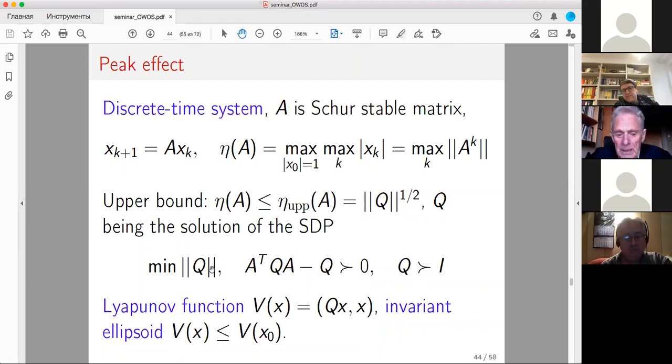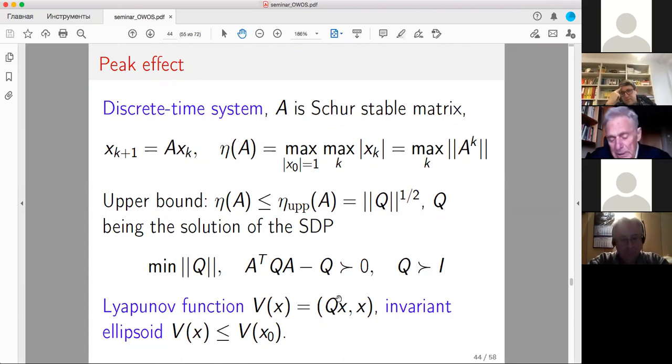Let's solve this semi-definite program. We have LMI constraints with respect to Q and minimize the norm of Q. That's a convex problem, you know. Then the square root of the norm of the optimal Q is the upper bound for this quantity.